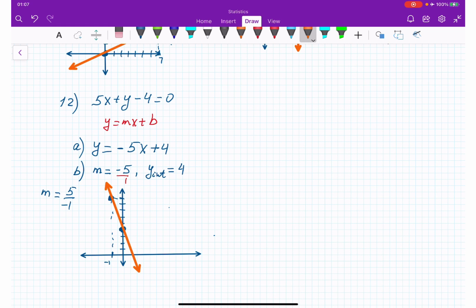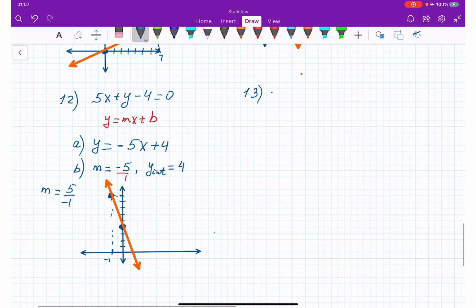Another case like that. Question number 13. So the equation we have is 2x plus 7y minus 14 is equal to 0.